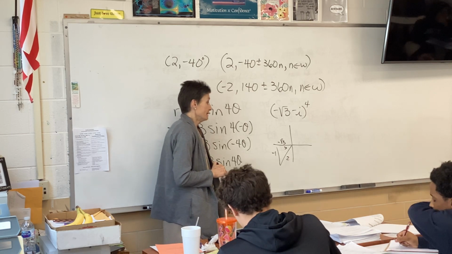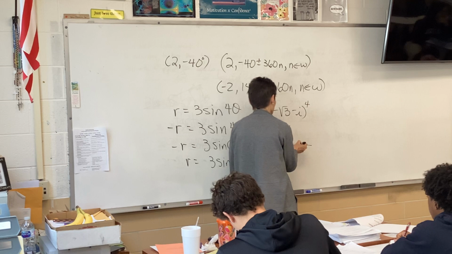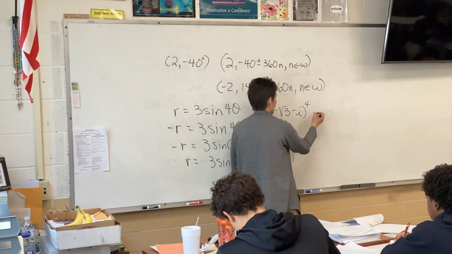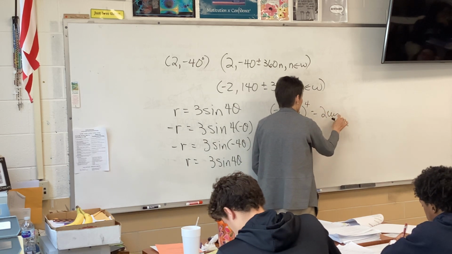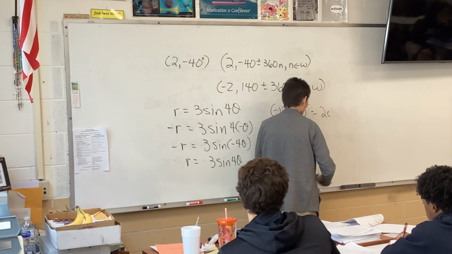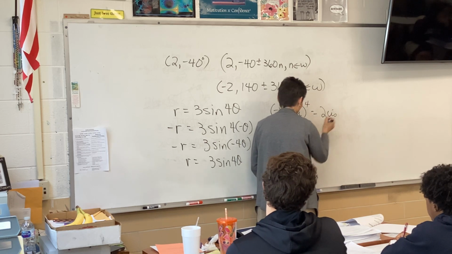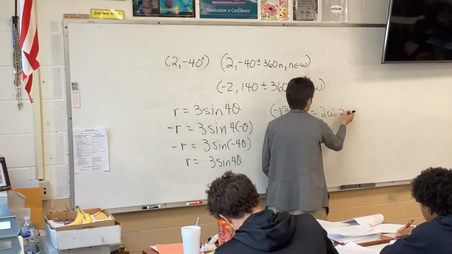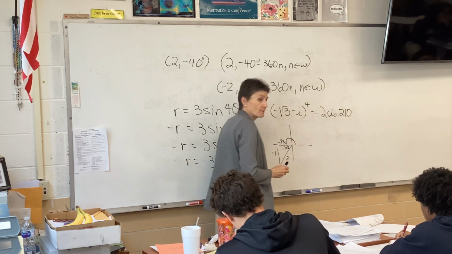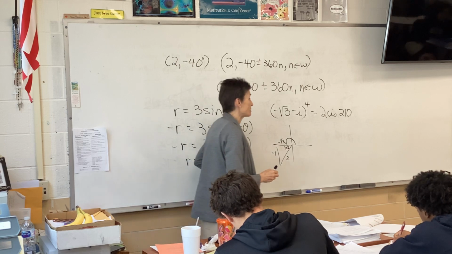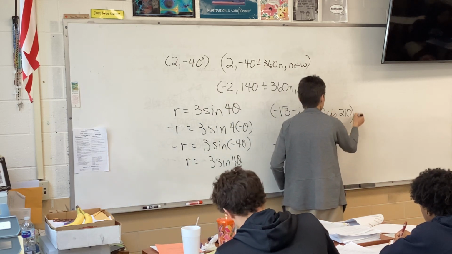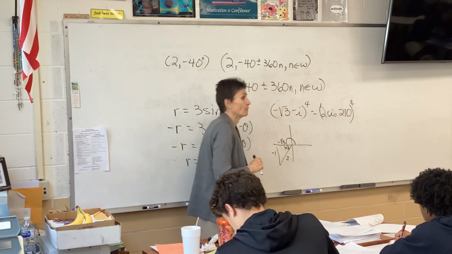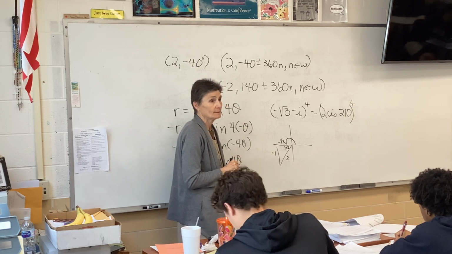Okay? So what's my number? Well, my radius is 2 and my argument or my angle is, nope, it's not 240, it's 210. All right, and now I'm going to raise that to the 4th power. This is not the answer. The answer is what I'm going to get when I raise it to the 4th power.